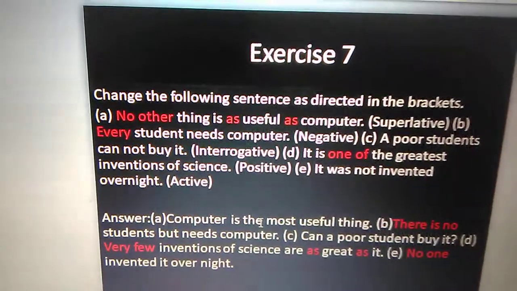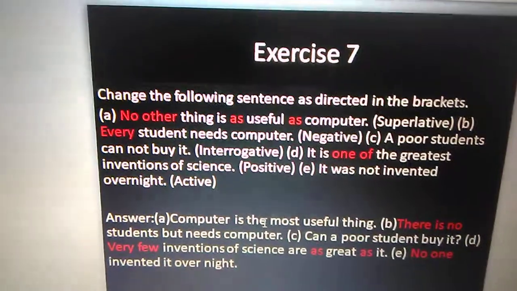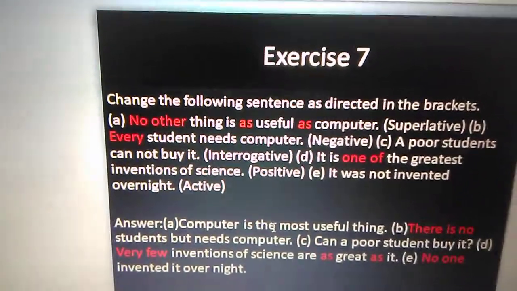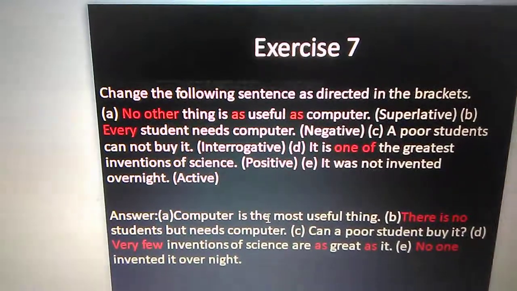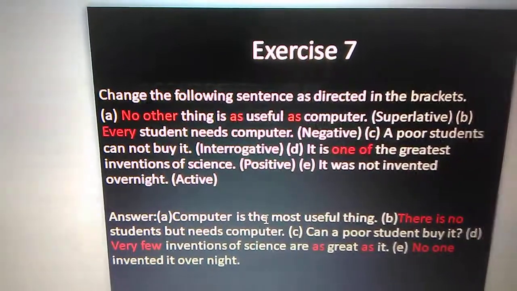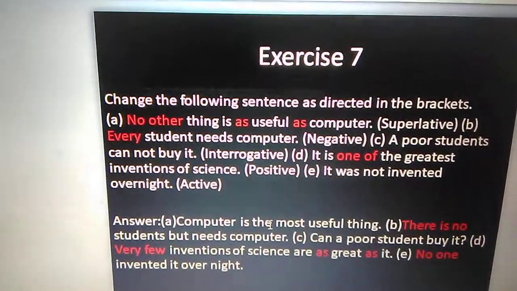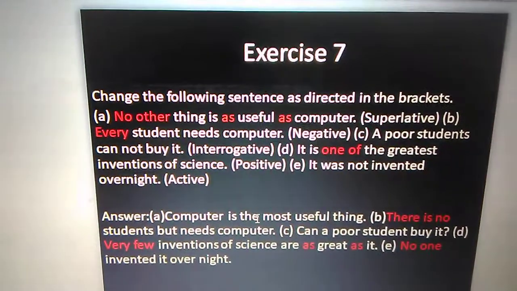A poor student cannot buy it. So we'll make it interrogative. You know, in case of changing into interrogative, you have to keep in mind: if the sentence is affirmative, you change it into negative interrogative. If the sentence is negative, you change it into affirmative interrogative.